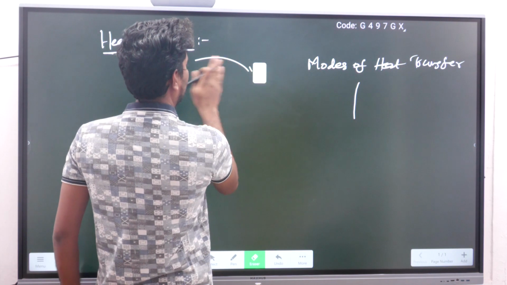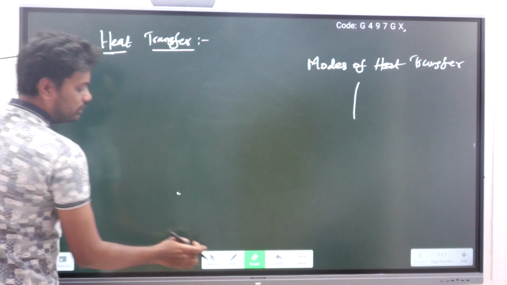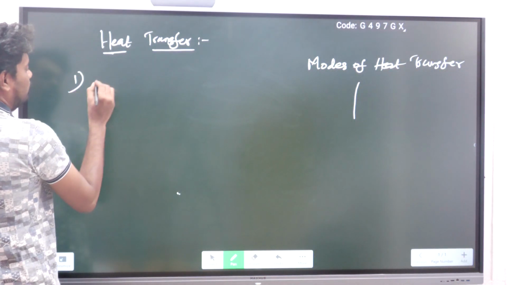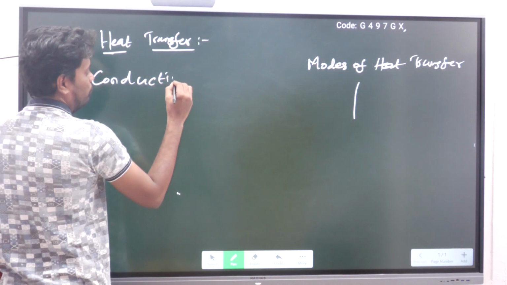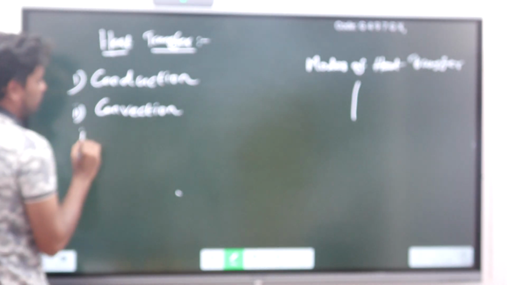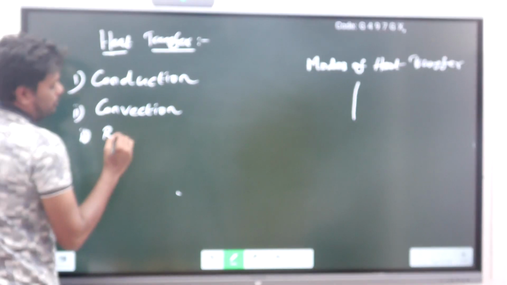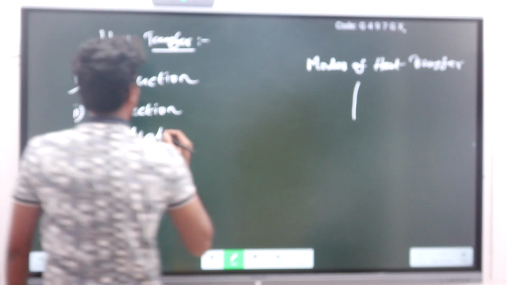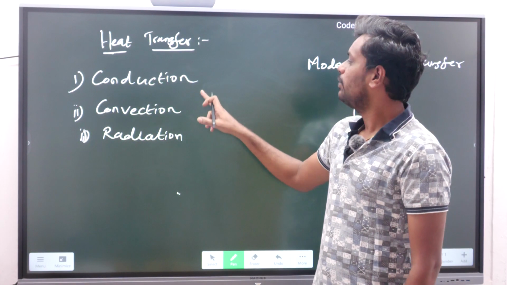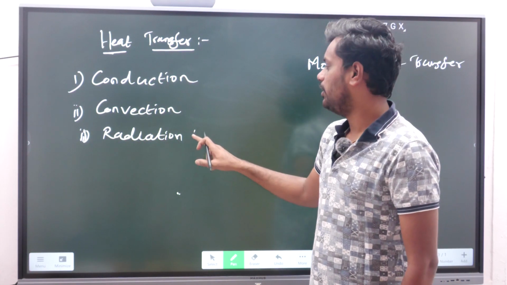The first one is conduction, the second one is convection, and the third one is radiation. So these are the three modes of heat transfer: conduction, convection and radiation.